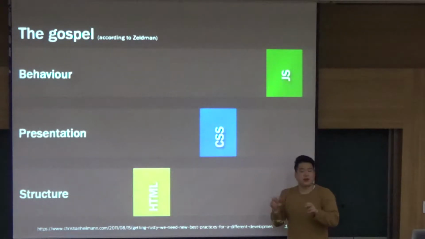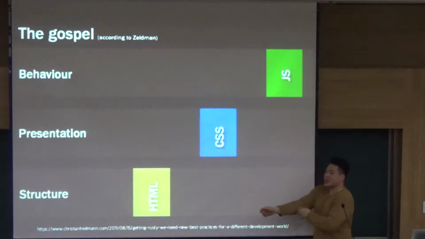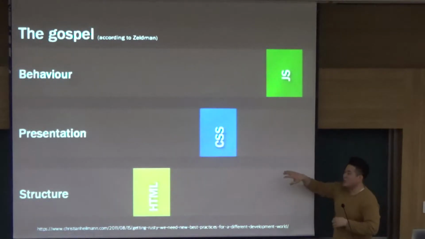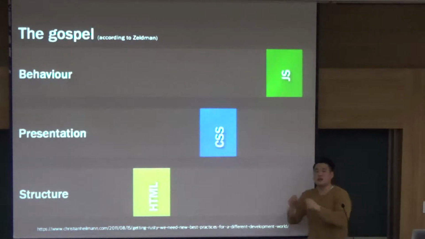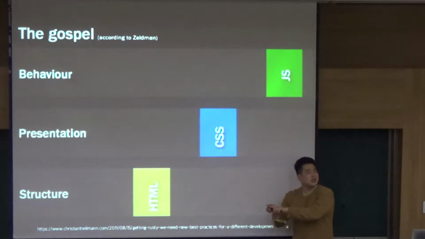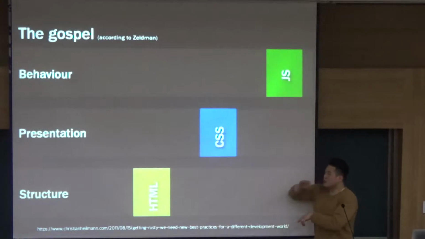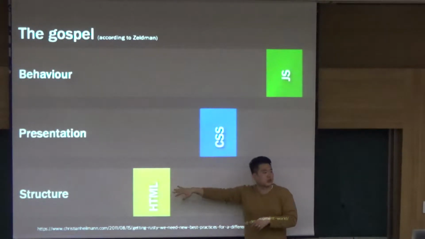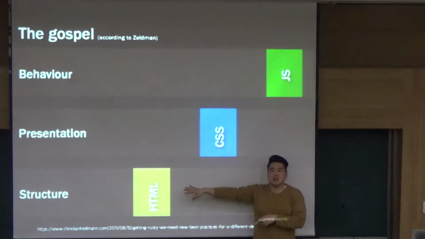It tells us we're going to have three different blocks, and each block will focus on something unique. In the very bottom, we have HTML, which is about the structure of your website.